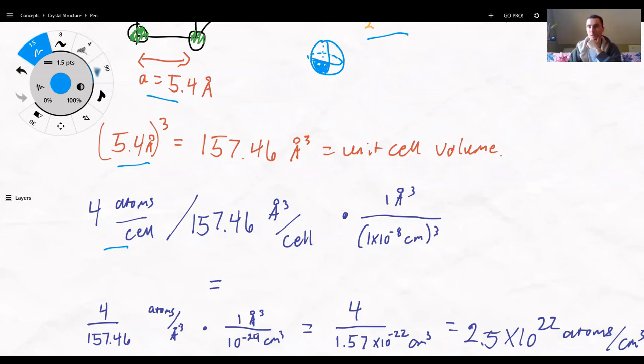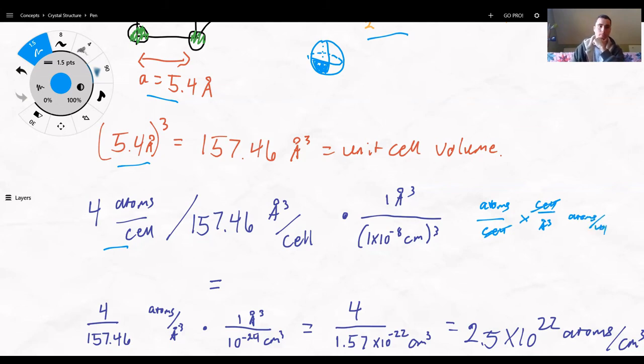Remember, we're doing some dimensional analysis. The cell units cancel out, so we're going to get atoms per volume.